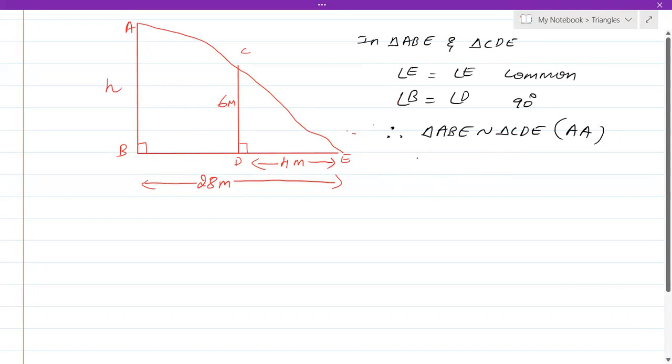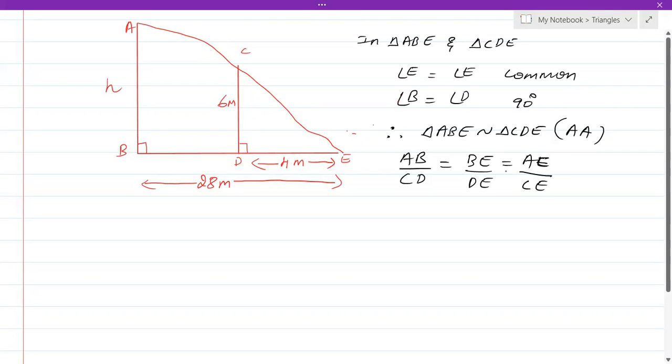Since two triangles are similar, corresponding sides are in proportion. Therefore, AB by CD will be equal to BE by DE will be equal to AE by CE.